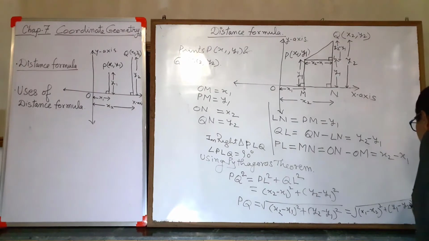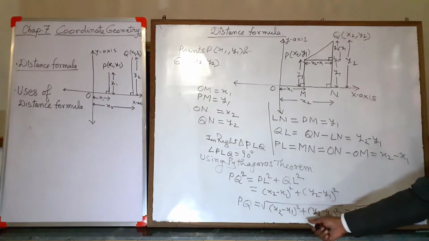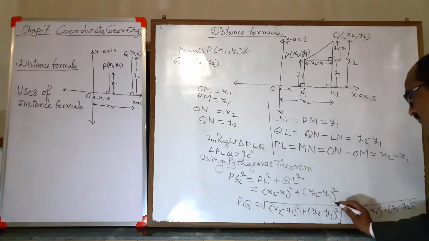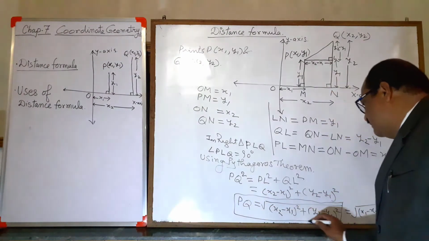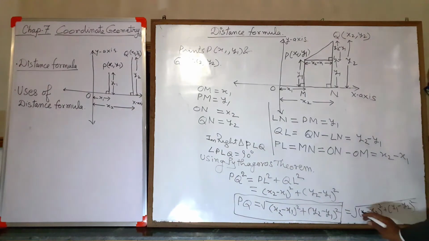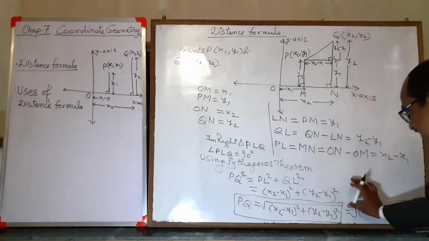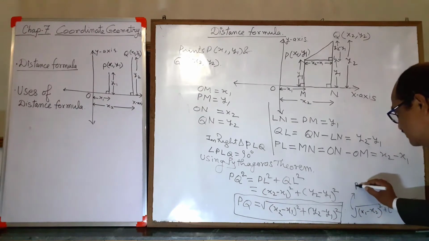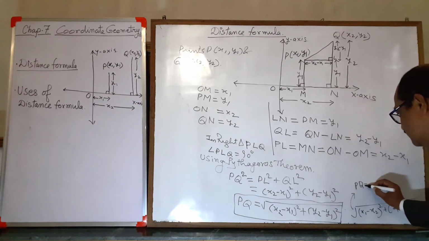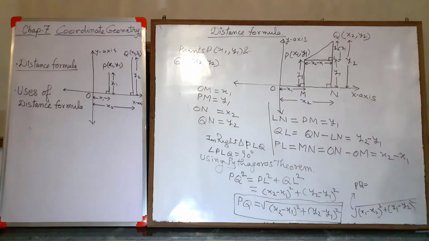Any one we can use. Either you can use this one, it is called the distance formula, or you can also rewrite it as PQ equal to x1 minus x2 whole square plus y1 minus y2 whole square. So children, this is the distance formula.